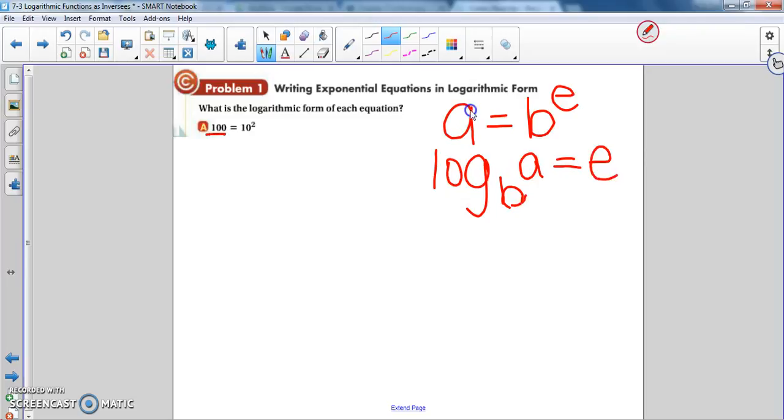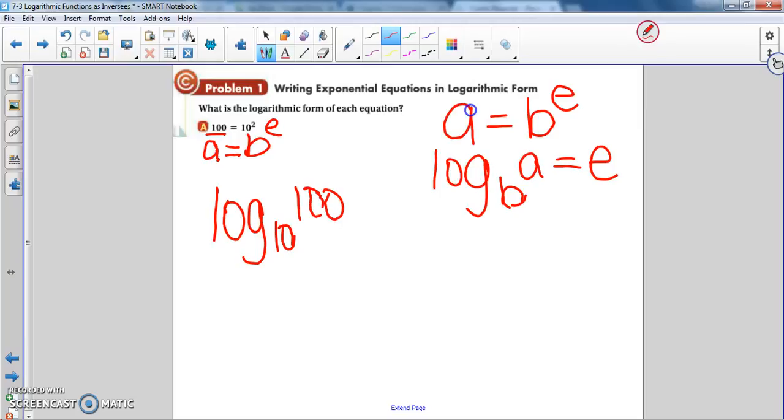So we have our answer is equal to our base raised to our exponent. Writing it in logarithmic form, our log base 10 of our answer 100 is equal to 2. So what is that saying? What power do you need to raise 10 to get 100? And the answer, or the exponent, would be 2.